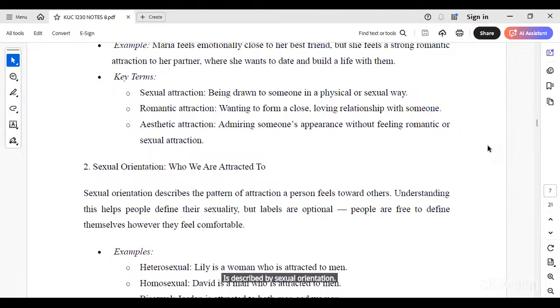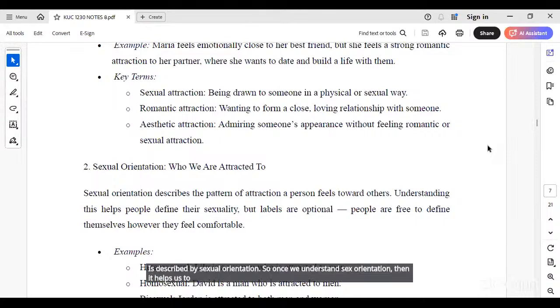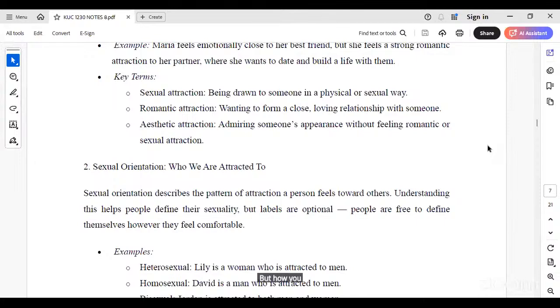So once we understand sexual orientation, then it helps us to define. When you understand someone's sexual orientation, then you can describe the sexuality of that person. Okay. But how you label someone might not be how they see themselves. So it is always for people to describe themselves, not for us to label them.